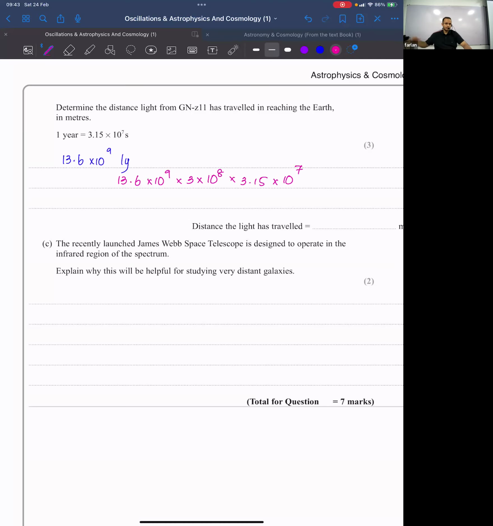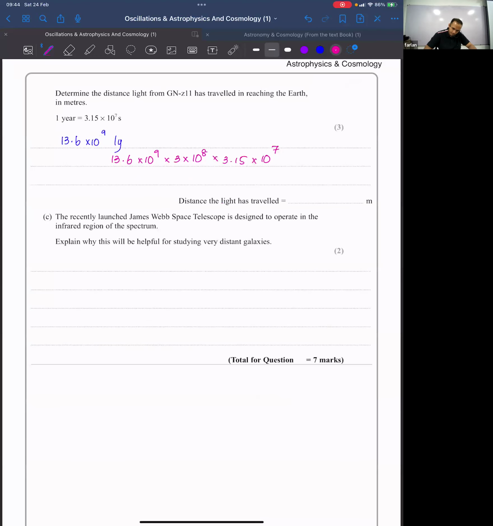One light year is the distance traveled by light in 1 year, which is the distance traveled per second, 3 × 10⁸, multiplied by the number of seconds per year, 3.15 × 10⁷. How was that? 1.29 × 10²⁶ meters. Okay.